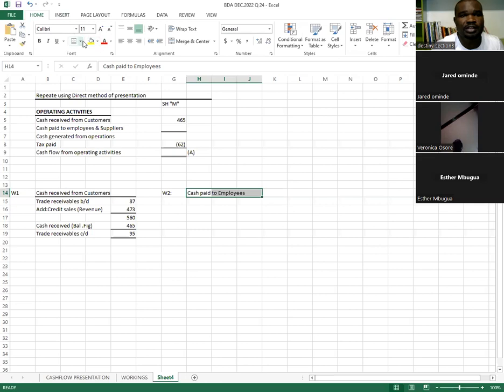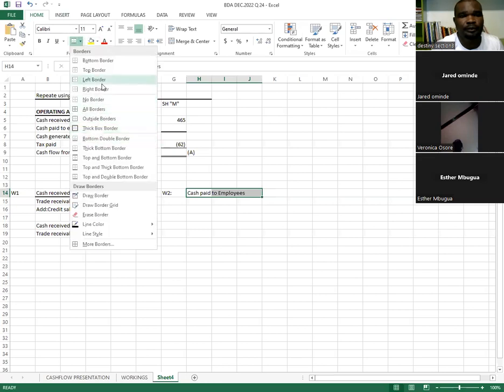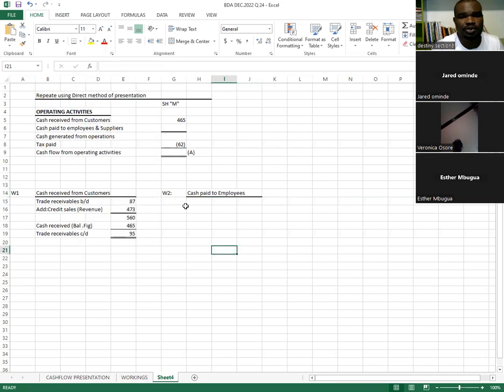So for employees, what you're supposed to do, you take administrative expenses. Administrative expenses go to employees, it was 48.